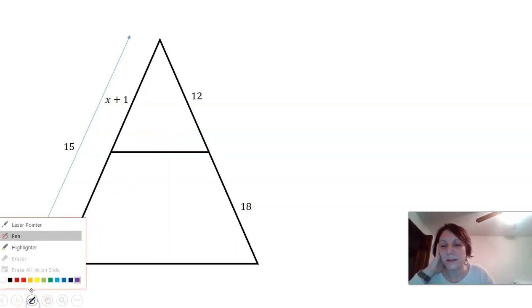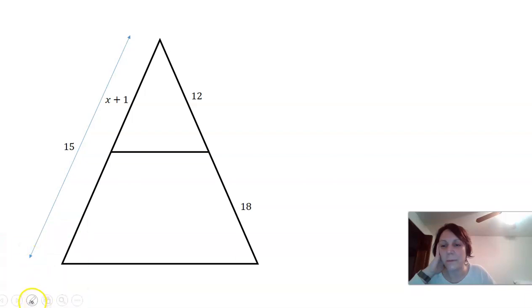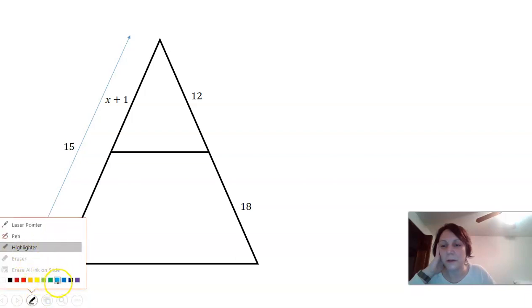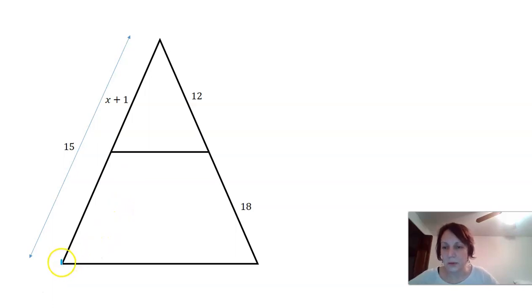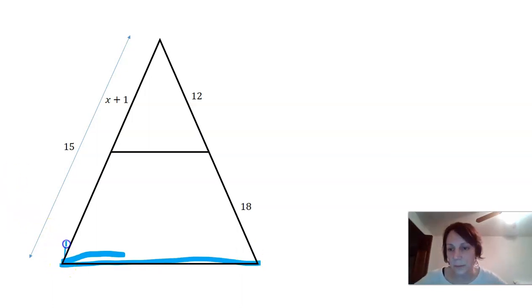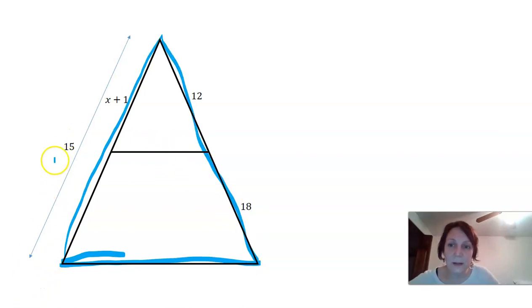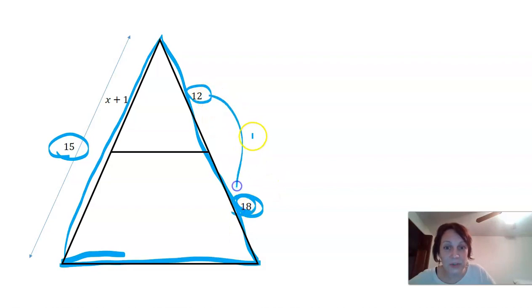So in this case, we have the blue triangle, the outer triangle, which I'm calling the big triangle. It has this big long side, which is 15, and this big long side, you can tell I made up this question, which is going to add up these two chunks to 30.